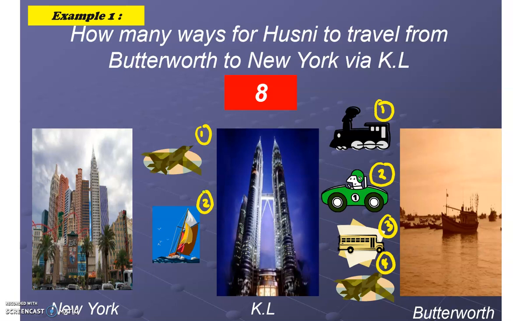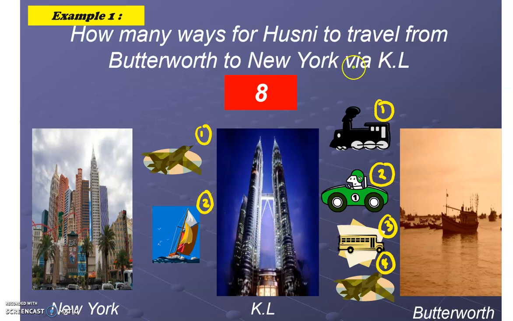So akhir sekali dia boleh pergi guna sama ada dia guna satu-satu. Okay, dia guna 1 1 ataupun 1 2, dah 2 cara, ataupun 2 1, 2 2, dah 4 cara, 3 1, 3 2, dah 6 cara, dan 4 1, 4 2, dah 8 cara.